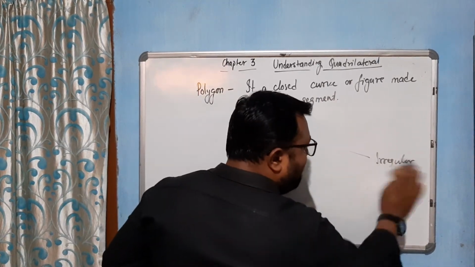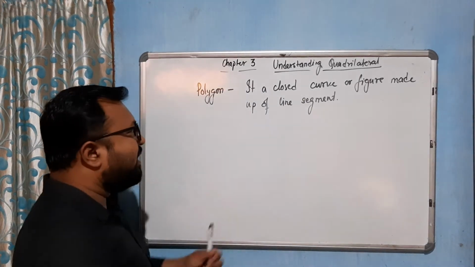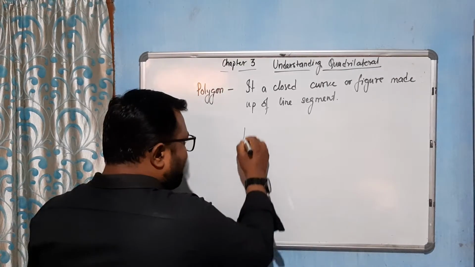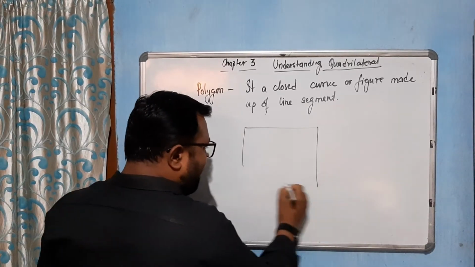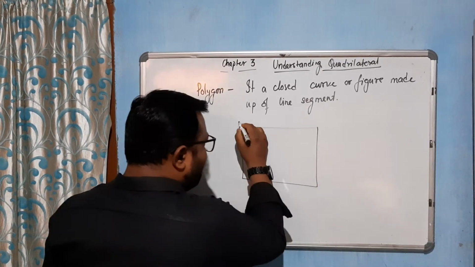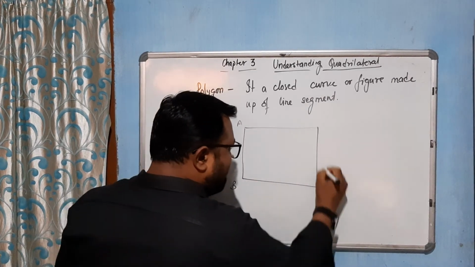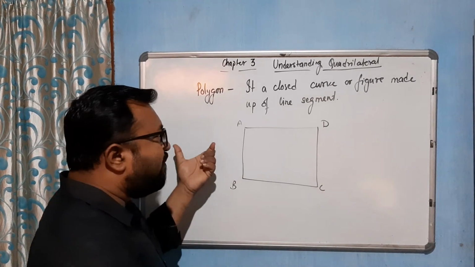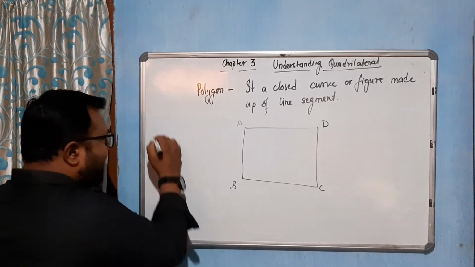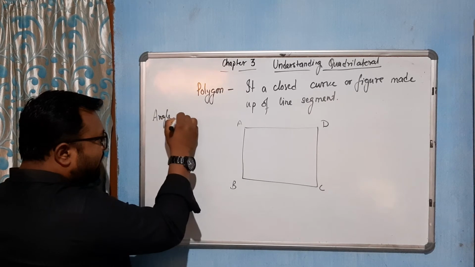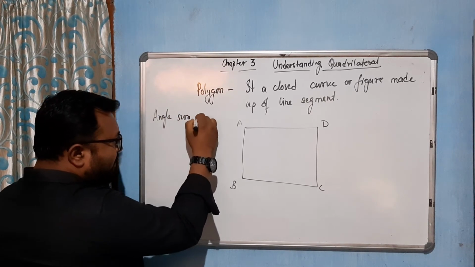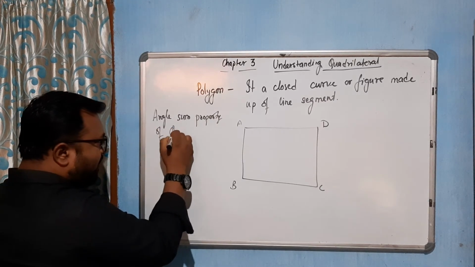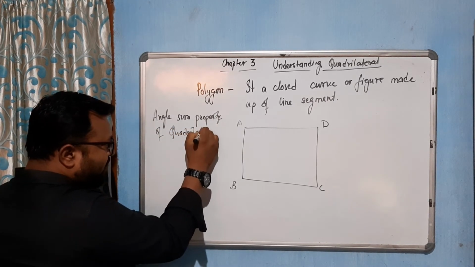But when we talk about a quadrilateral, because we are dealing with this chapter on quadrilaterals, a four-sided figure made of line segments, suppose A, B, C, D. The angle sum property of quadrilateral.